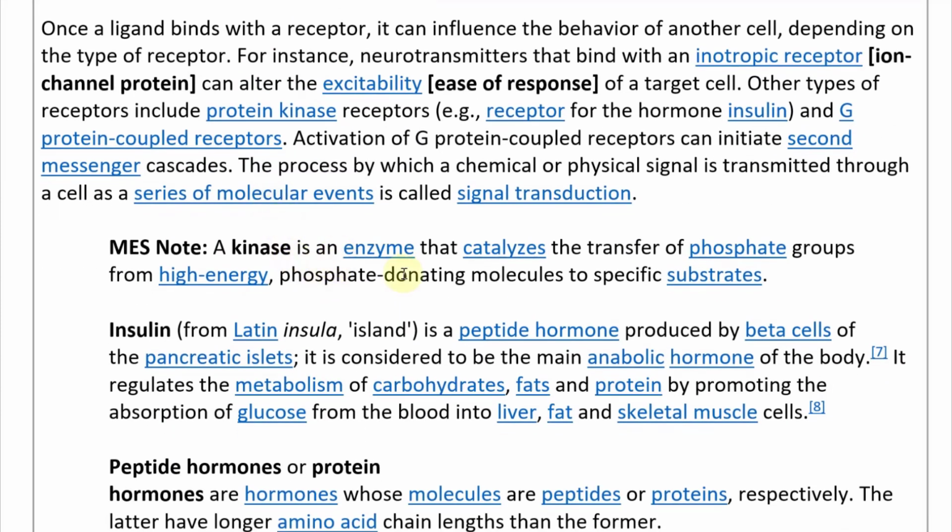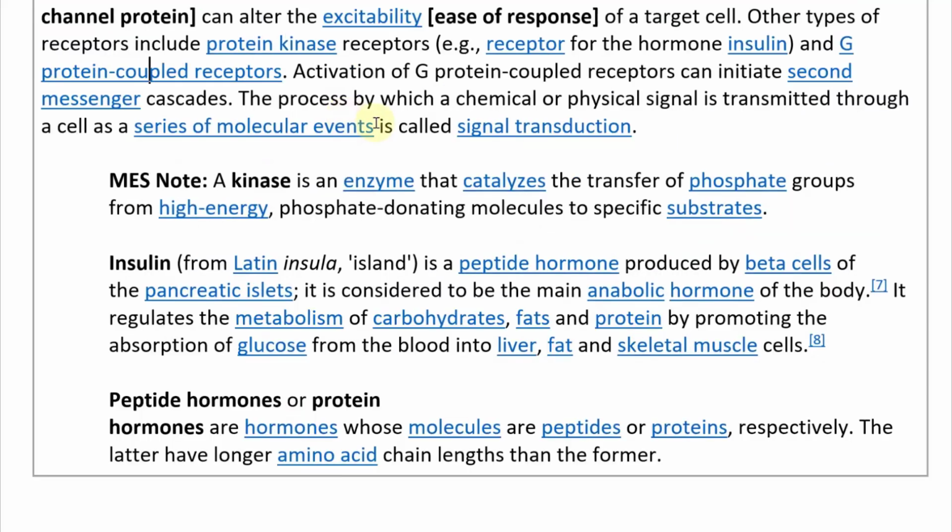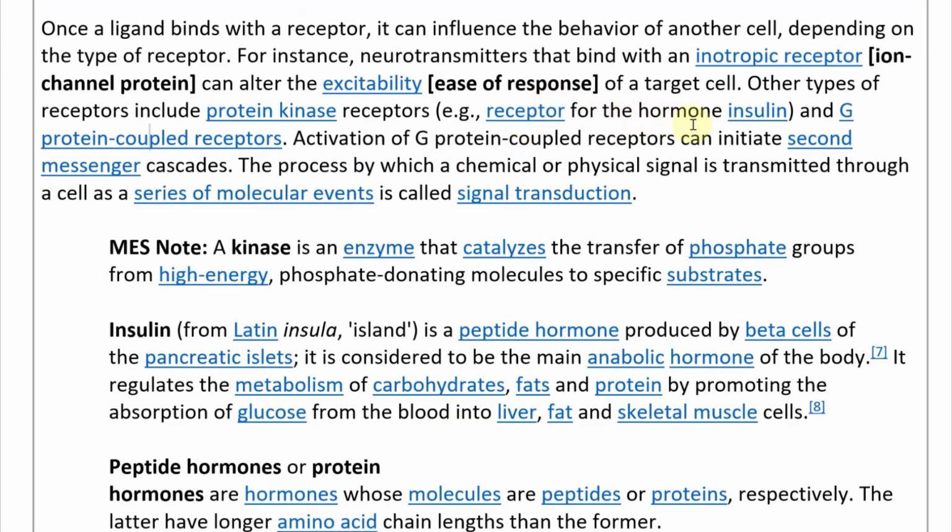A kinase is an enzyme that catalyzes the transfer of phosphate groups from high-energy phosphate-donating molecules to specific substrates. And that's relevant because other types of receptors include protein kinase, such as the receptor for the hormone insulin.